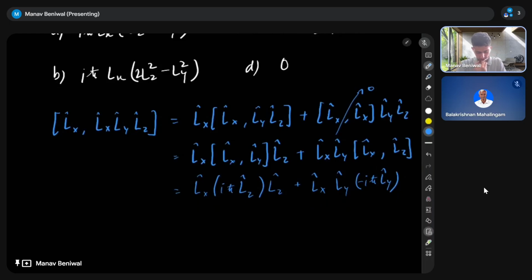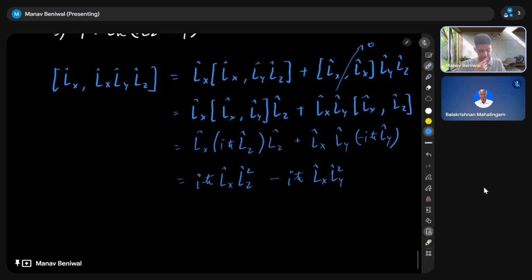Okay, so this then we can write as iħ Lx Lz squared minus iħ Lx Ly squared, right?